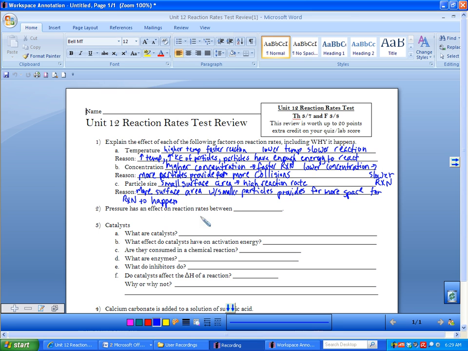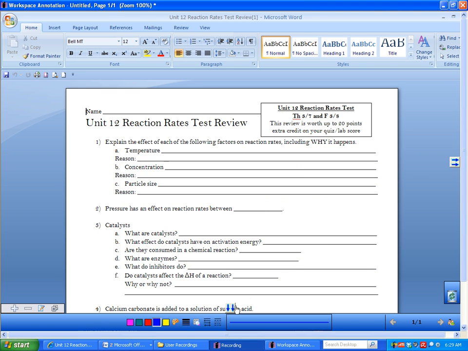Okay. Pressure has an effect on reaction rates between gases and only gases. Please know it's only gases. Only gases, only gases. Okay? All right, clear that out and move on to the next part.